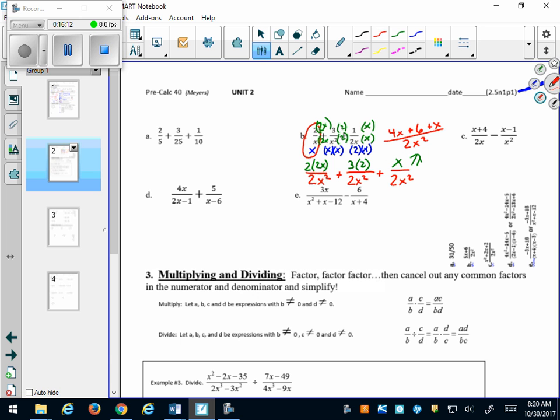And 4x plus 6 plus x can be written as 5x plus 6. Just change that to 5x plus 6 over 2x squared. And that's your answer.